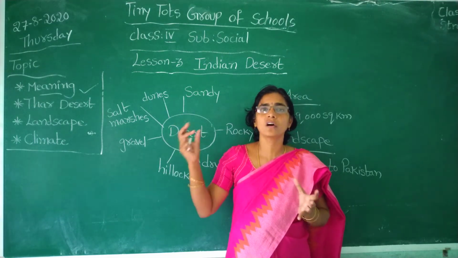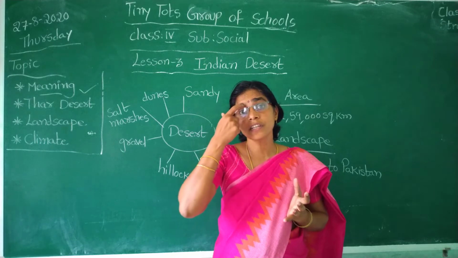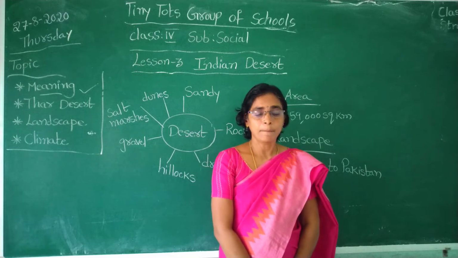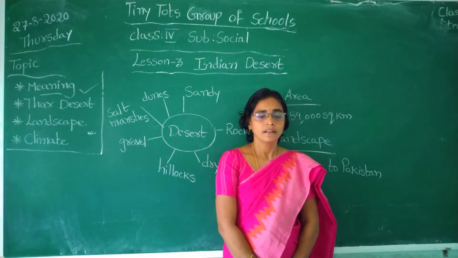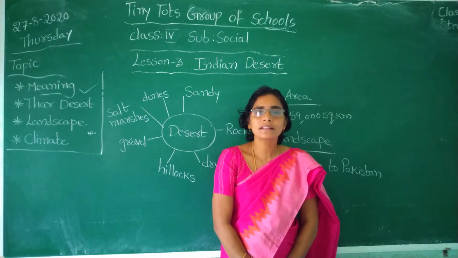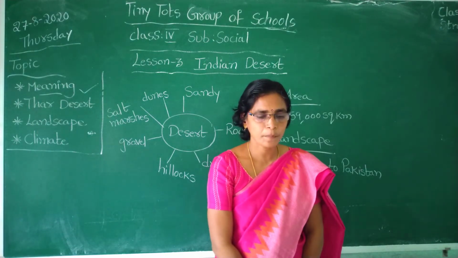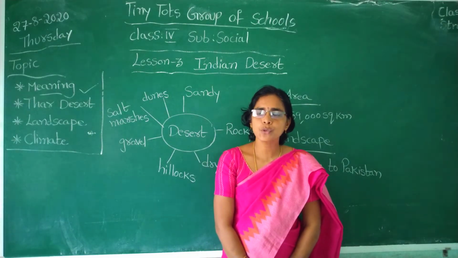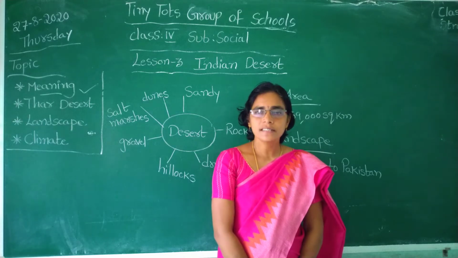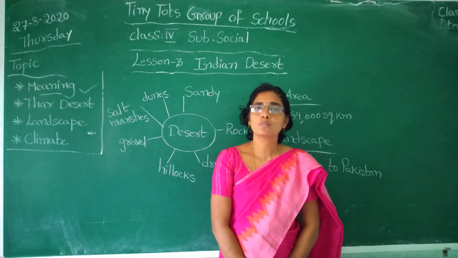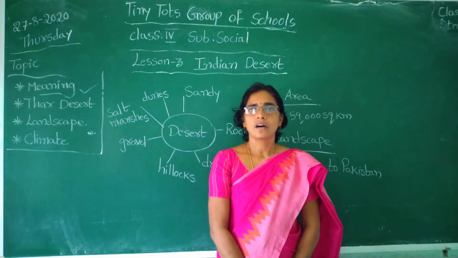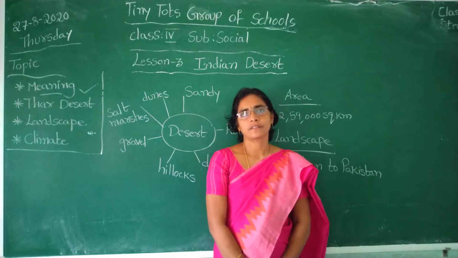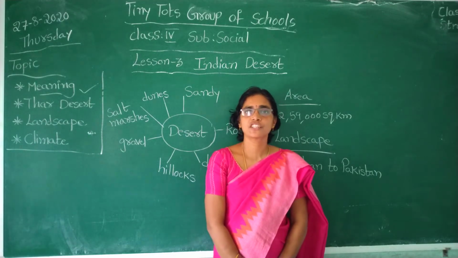Mostly hot deserts are in the tropical belt of the world. Tropical places are very hot. They are near to the equator. That's why these deserts are very hot. So mostly deserts are lying in the tropical belt of the world, which are near to the equator.